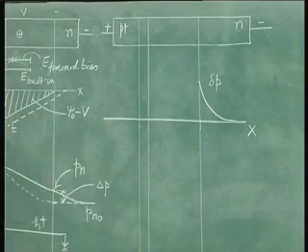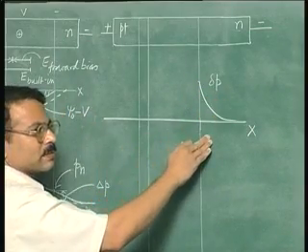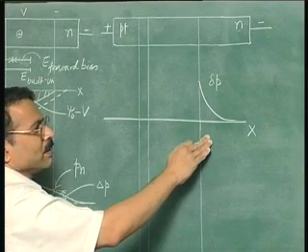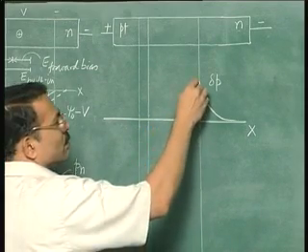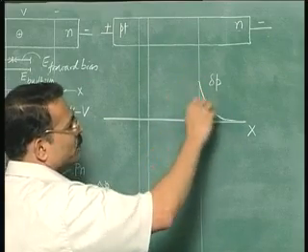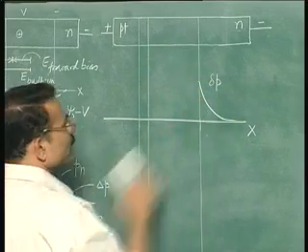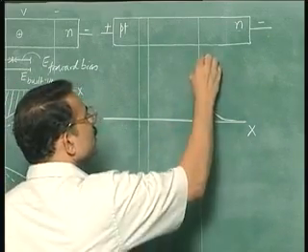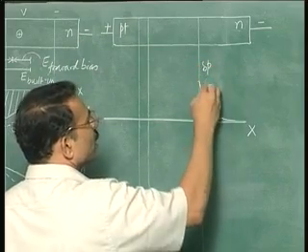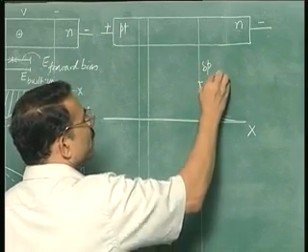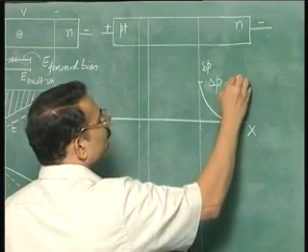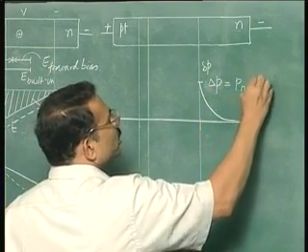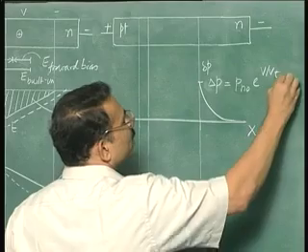Now note that I am not setting up any coordinate system here, because that unnecessarily complicates matters. It is necessary to just realize that this shape is exponential. So this value here in this exponential decay is delta P, that is capital delta P, which we have shown already is given by Pn0 exponential of V by Vt minus 1.